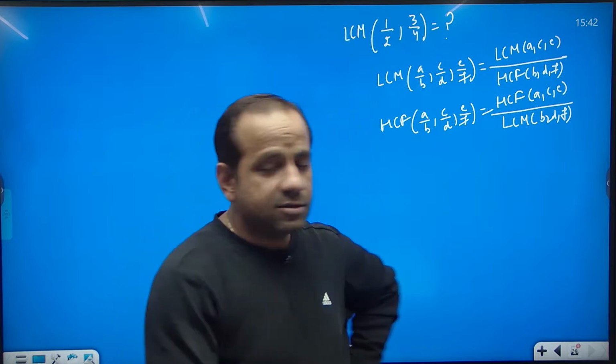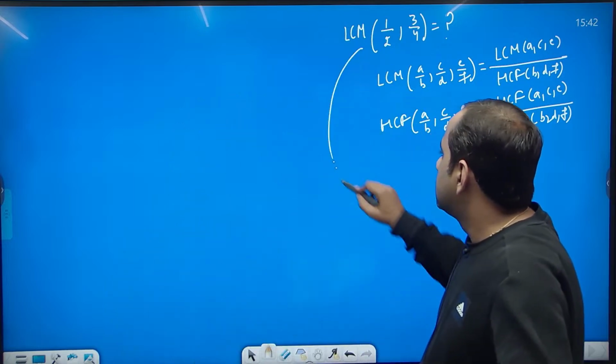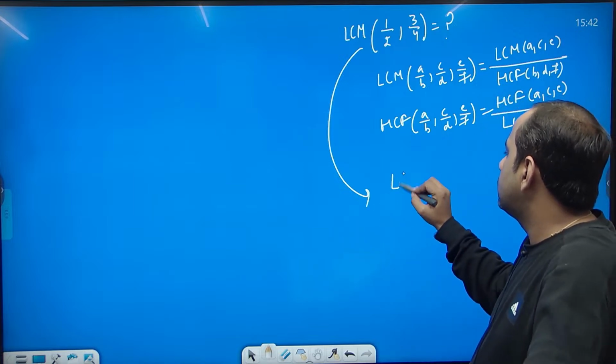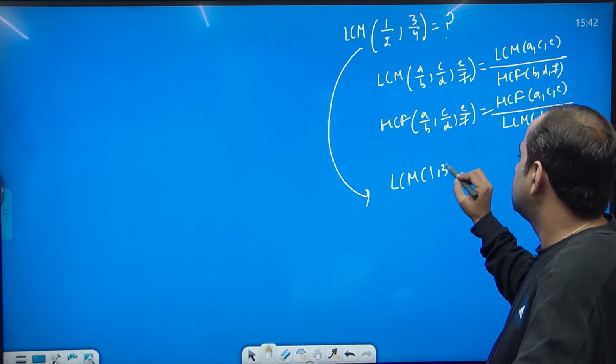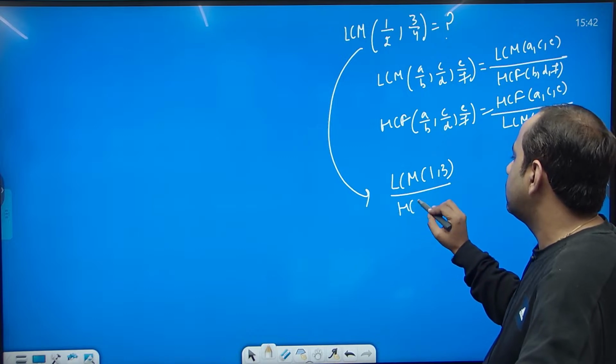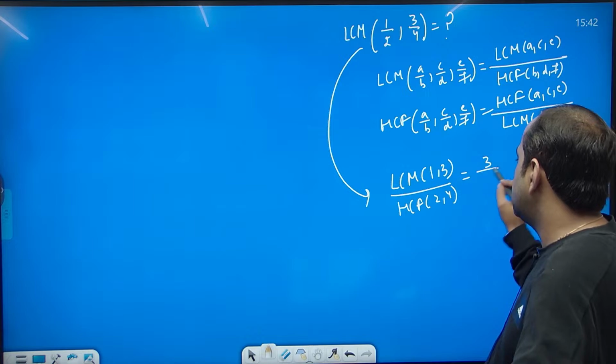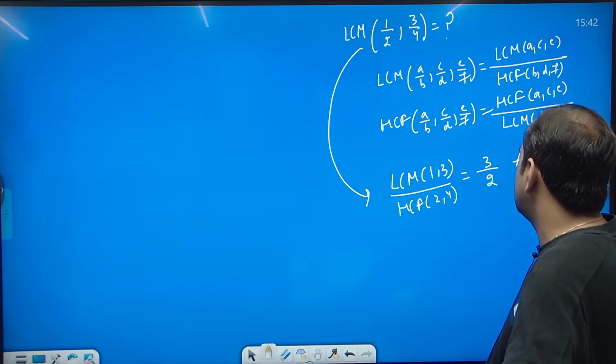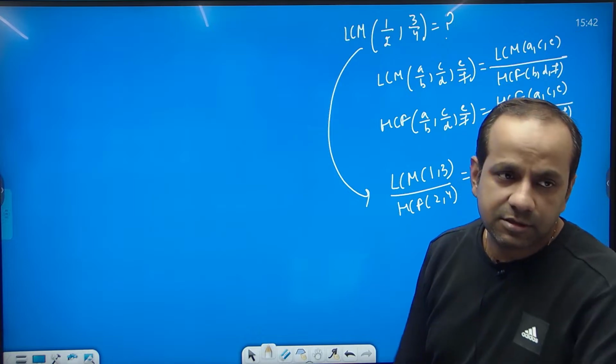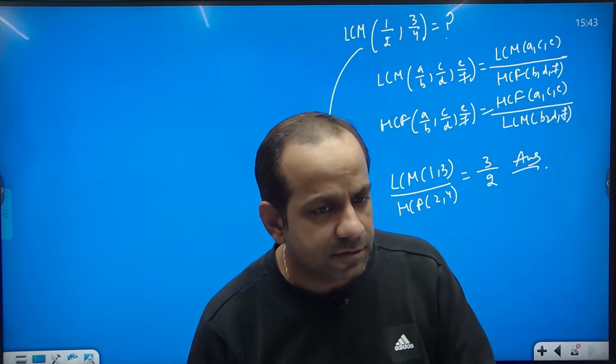So now you can answer this question. Your answer will be LCM of 1 and 3 divided by HCF of 2 and 4. So 1 and 3 LCM is 3 and HCF is 2. So 3/2 is your final answer. Any doubt in this?